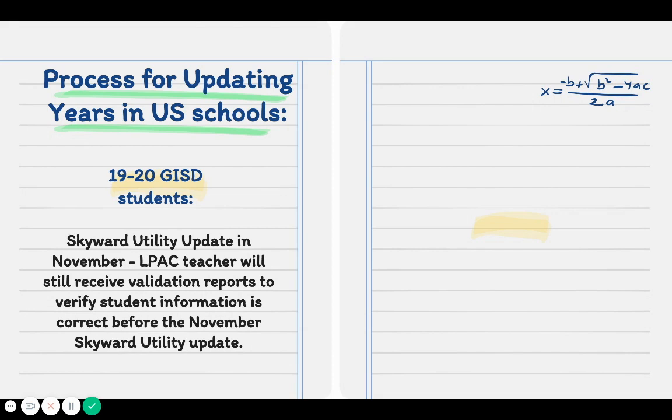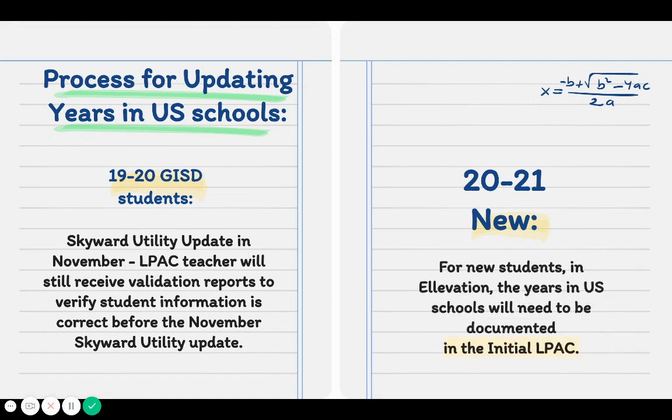So to improve this, for the 2021 school year, we are asking in the initial LPAC and in the instructional conversation meeting that you document the years in U.S. schools. This will assist us to keep track of the students' years in U.S. schools from when they first enroll in Garland ISD.